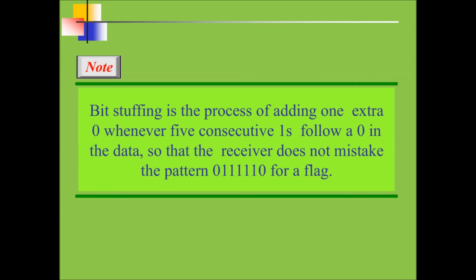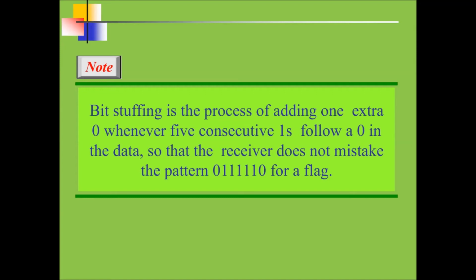But if any device, switching device, which is switch, receives the pattern of flag, there will be confusion about flag and data. So over here, bit stuffing is the concept to add an extra 0 when there are 5 consecutive 1s, because 5 consecutive 1s show the indication of flag.